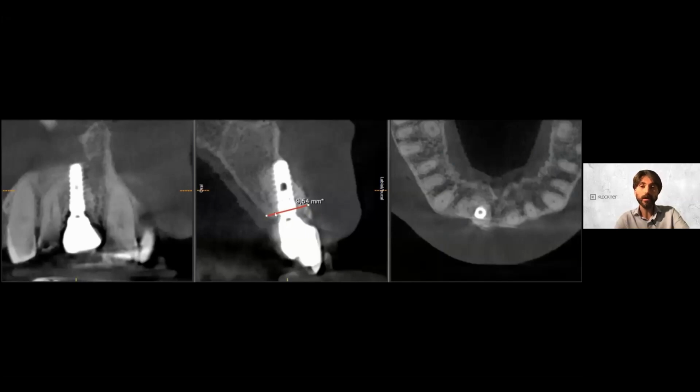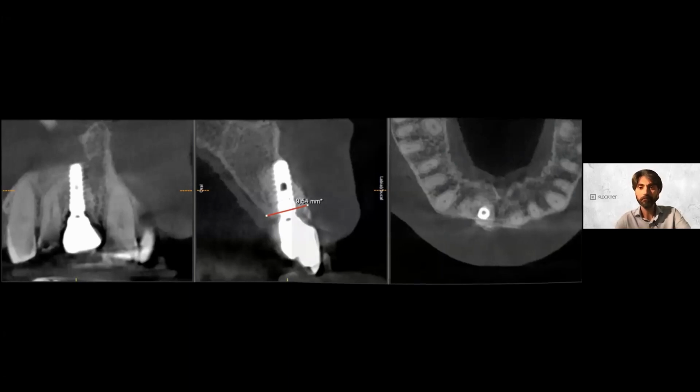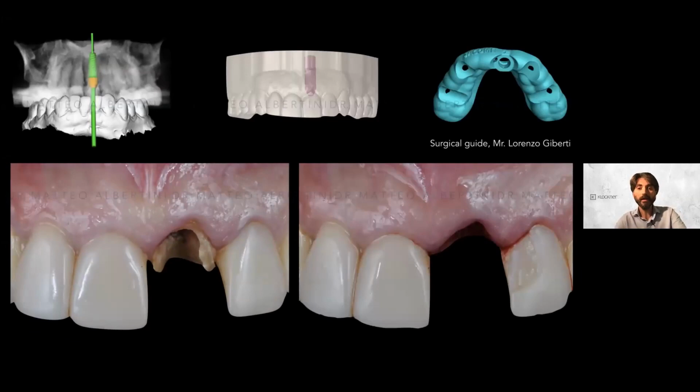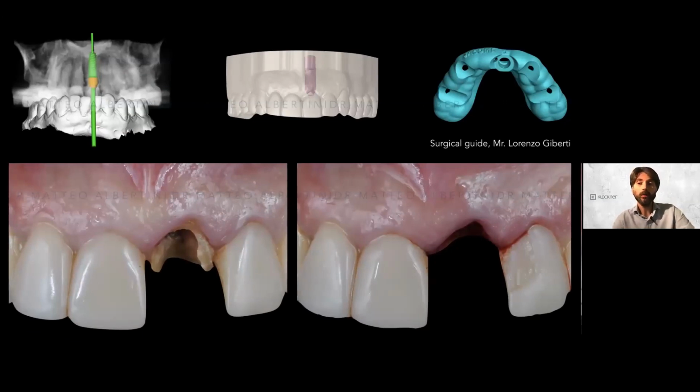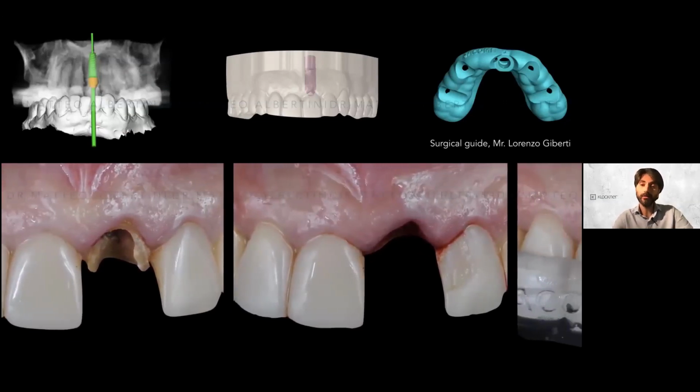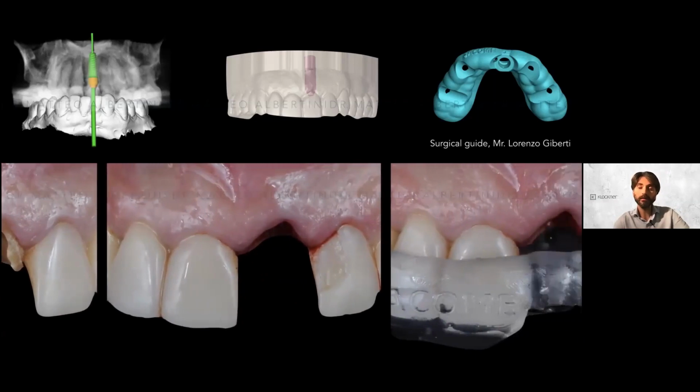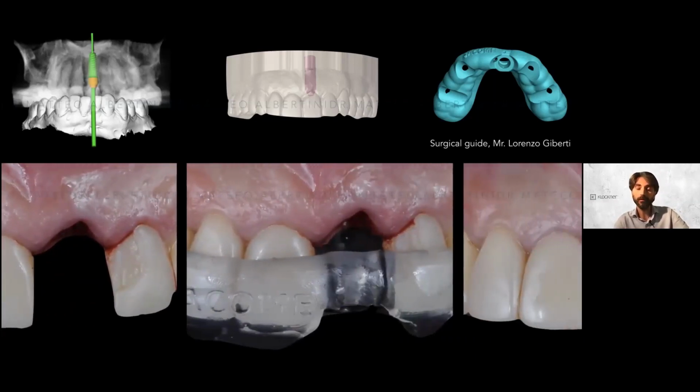We have 9.5 millimeter of bone availability. But as I said, we have to treat these cases. My advice is to treat these cases with guided surgery, because we are more precise with the position of the implant.